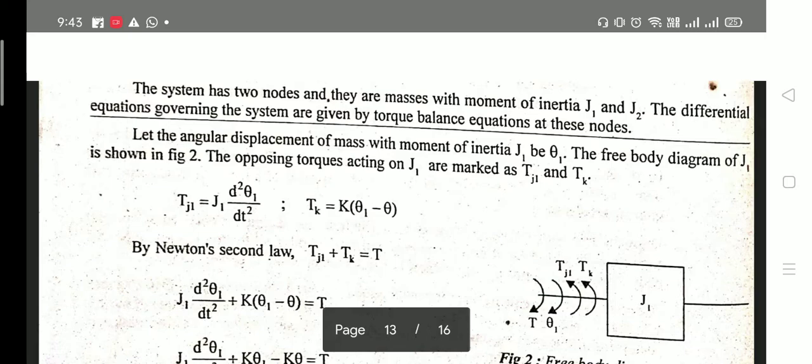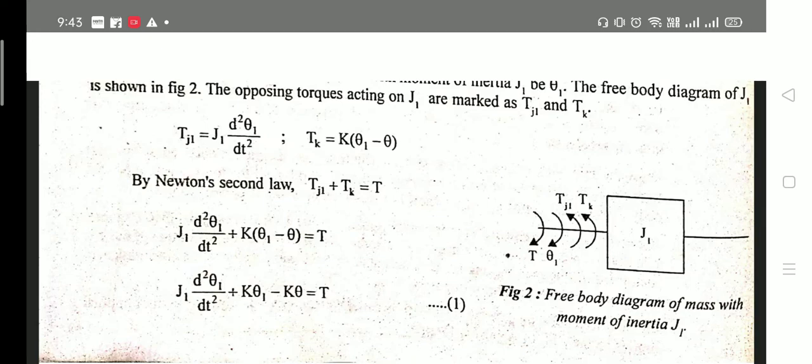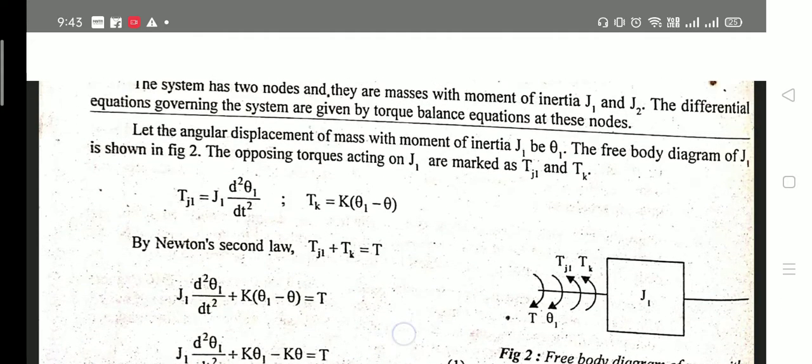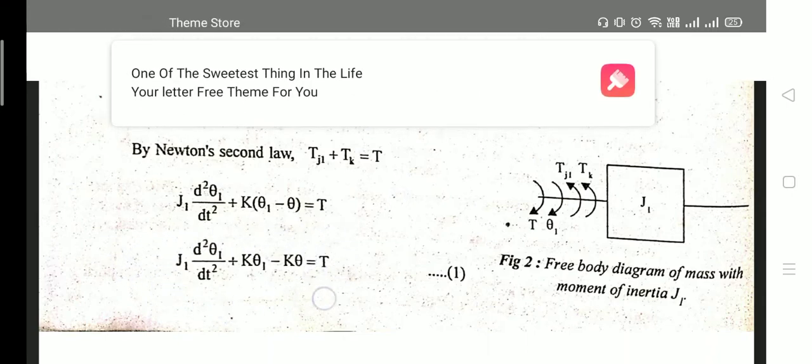So Tj1 plus Tk minus T is equal to 0, that is Tj1 plus Tk is equal to T. All the formulas we know, so we can substitute: J1 d square theta 1 by dt square plus k into theta 1 minus theta is equal to T. Simplifying this, we get the equation. This is the first differential equation for this system.